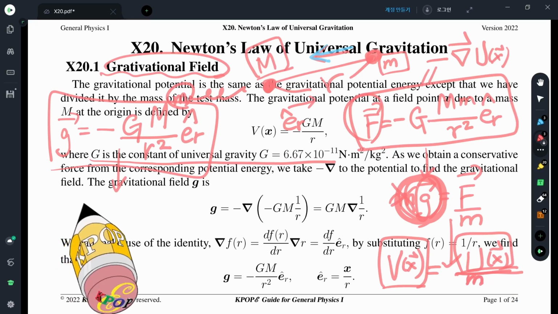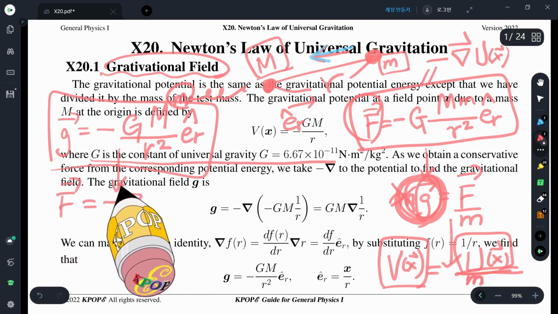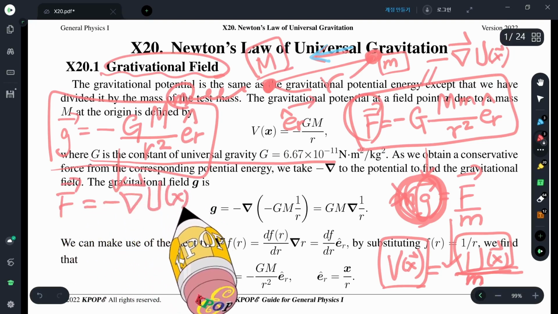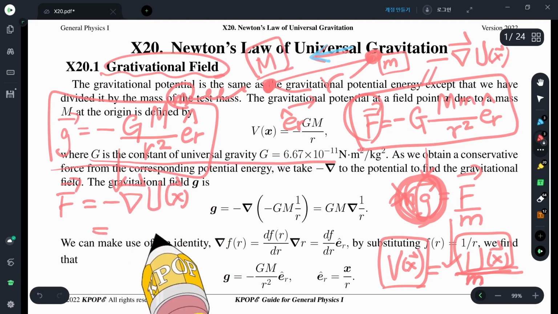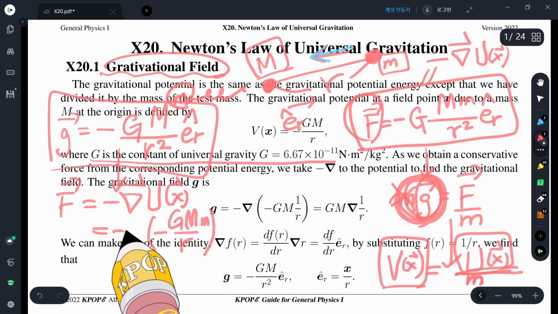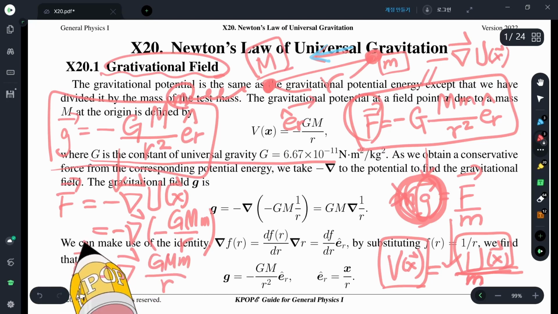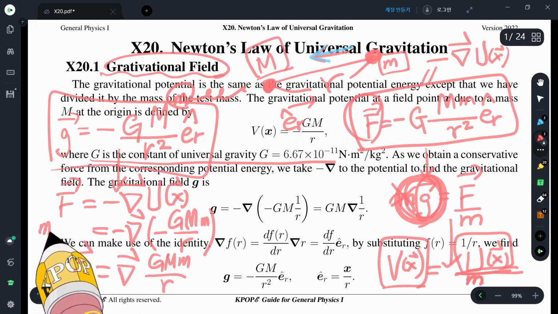Because the gravitational force is minus the gradient of the potential energy, and the potential energy is minus G capital M m over r, minus minus becomes plus. The gradient of G M m over r is the gravitational force, and we can rescale it as the gravitational field multiplied by the test mass.